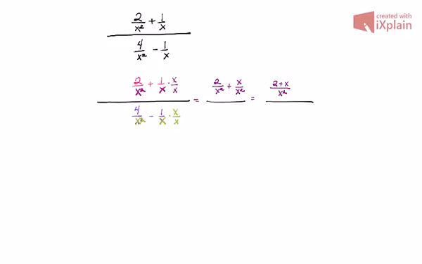So again, I have to look at the second term and multiply the numerator and denominator by an x to make sure that the fraction's value does not change. This gives me 4 over x squared minus x over x squared. Again, I'm going to shorthand it. I know the common denominator here is x squared, so I'm going to have a 4 minus x in its numerator.